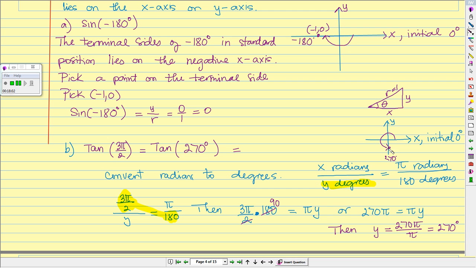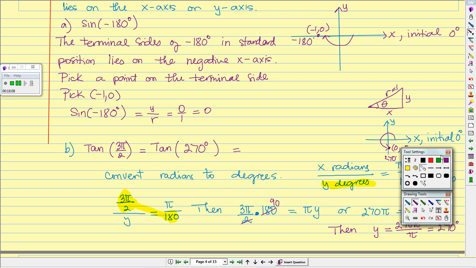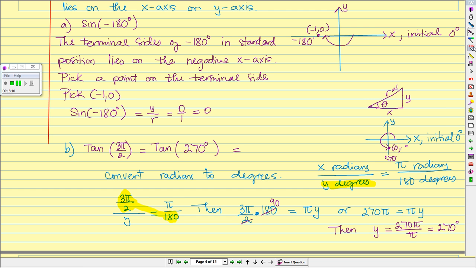Now at 270 degrees, you just pick a point. The easiest point to pick is on the y-axis. I'm going to pick the point 0, -1. So now you have x is 0, y is -1.